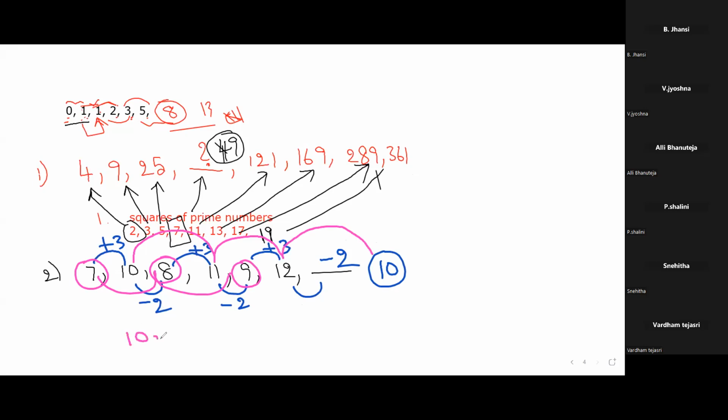Means two series are mixed in this. So 7, 8, 9 is one combination alternate. So it should be 10. And what will be the next one? It is 14. Like this, we can continue. This is another way of approach for understanding that. Okay. Good.